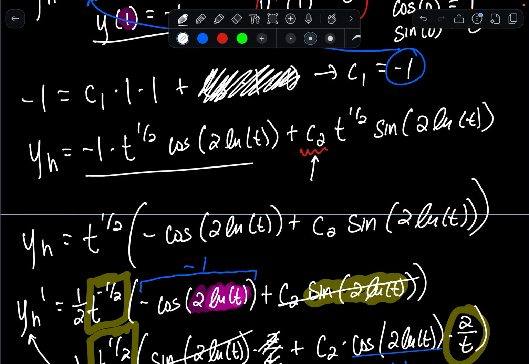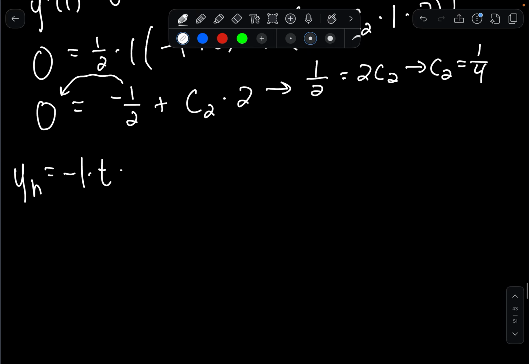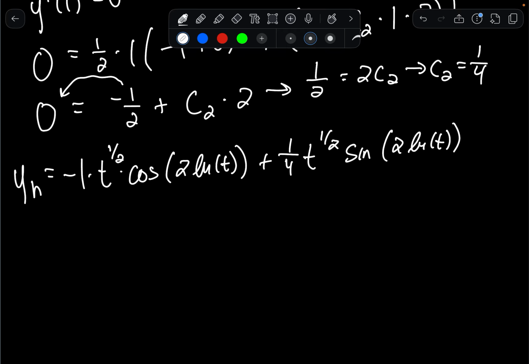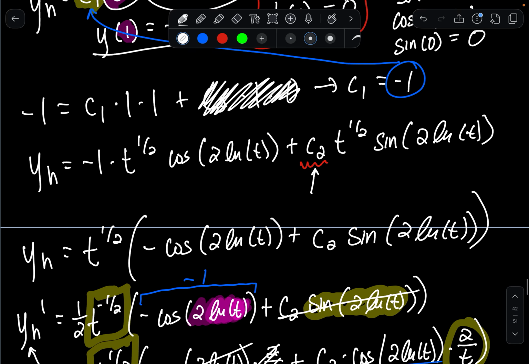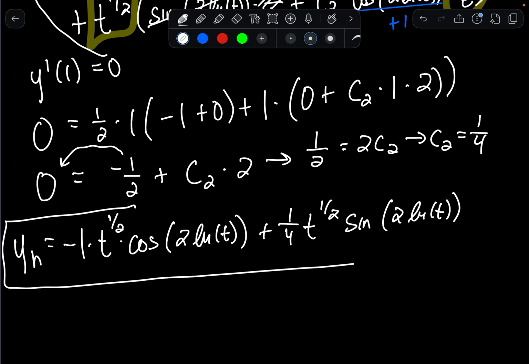So we have negative 1 times t to the 1/2 times the cosine of 2 natural log of t plus 1/4 t to the 1/2 sine of 2 natural log of t. Let me double check that. Does everything look right? Yes, everything looks good. Here is our unique solution to that Cauchy-Euler initial value problem.